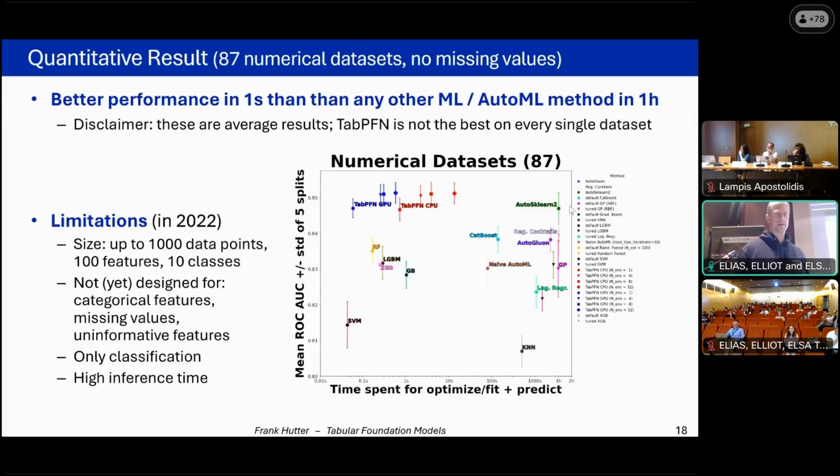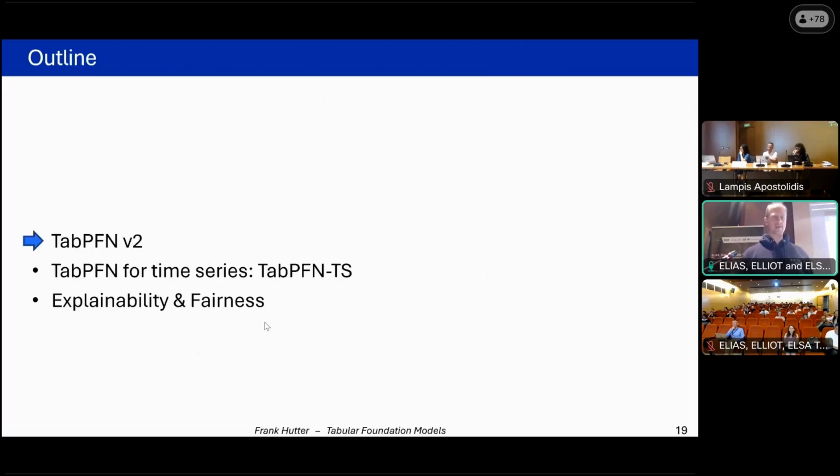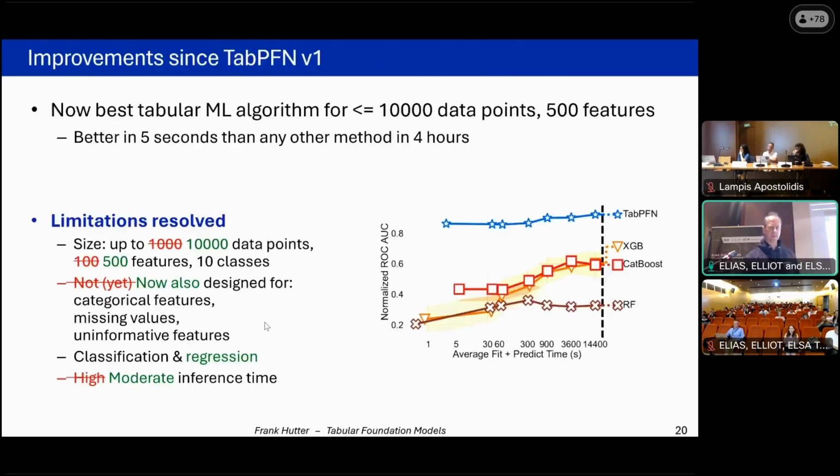However, this was very limited in 2022. In particular, up to 1,000 data points, only 100 features, 10 classes, and only classification, not regression, and not yet made for categorical features, missing values, uninformative features. So all the stuff you need in data science. So this wasn't usable, and that's why we built TabPFN v2, where we solved all these issues to a certain degree.